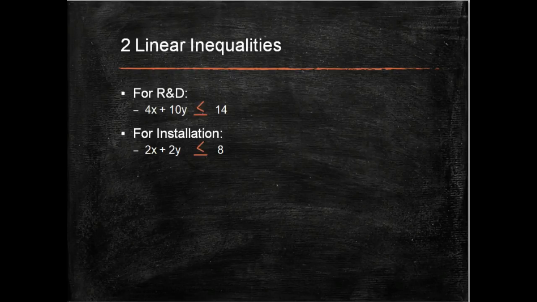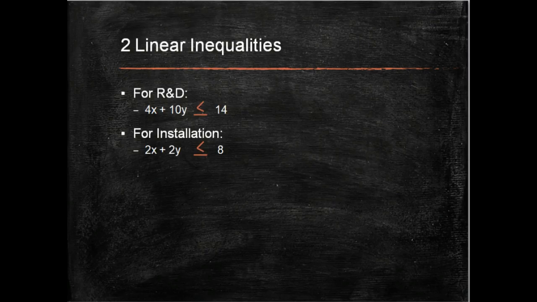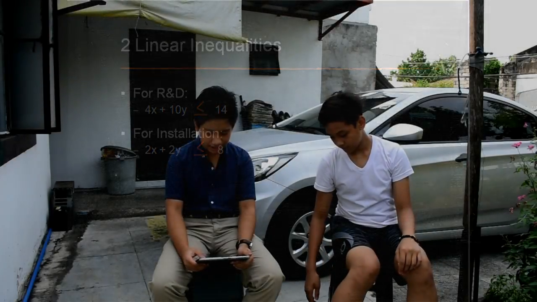And for the installation, it is 2x plus 2y is less than or equal to 8. If you're asking where I got 8, it's the max number of installation hours. Now we're gonna solve it.